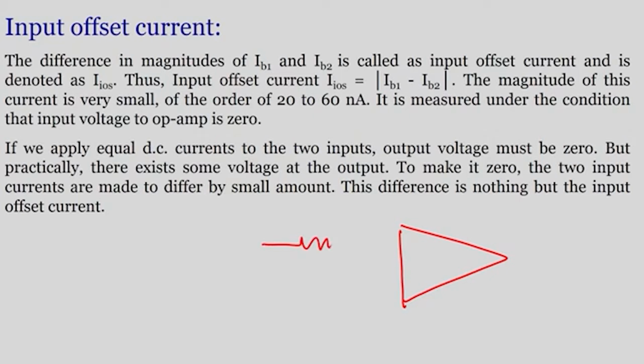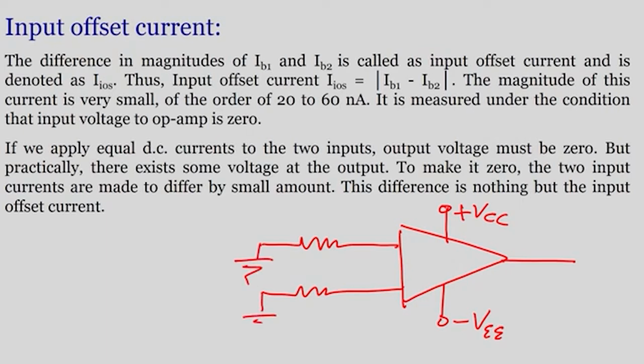We have a resistor, plus VCC, minus VCC or minus VEE, the output voltage, and both the terminals grounded. This was about 220 K, inverting, non-inverting, this was the circuit, right. Same circuit we have to use for understanding the input offset current.